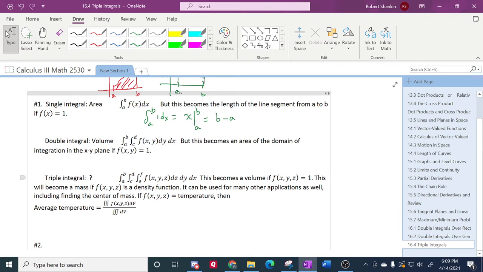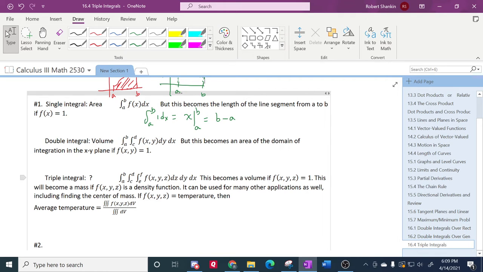Now, what if you have something that is a mismatch of materials, so it doesn't have a consistent density? So, it can be really heavy on one end and really light on the other end. And then how would you find the mass?